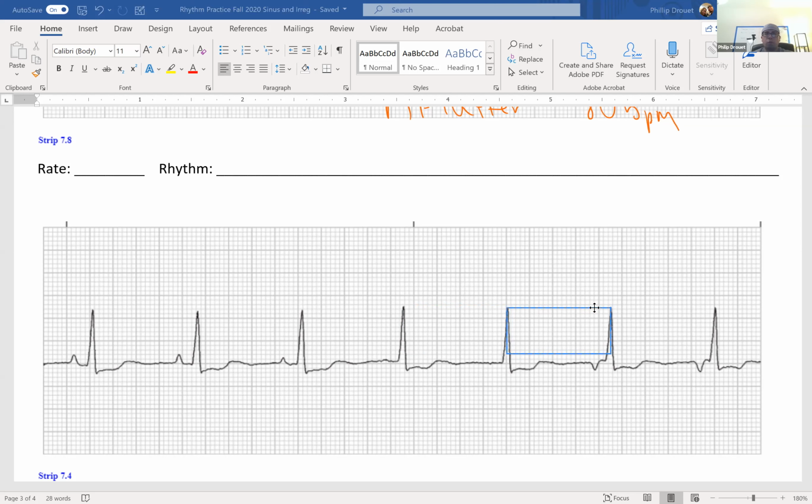Looks like we have just one beat that's off, but the majority of them are in line. So the majority is regular. We call this a regular rhythm, right? It's an abnormal rhythm, but with regards to the regularity of spacing between QRS to QRS, yeah, it's regular. So now let's look at your P waves and your QRS complexes.